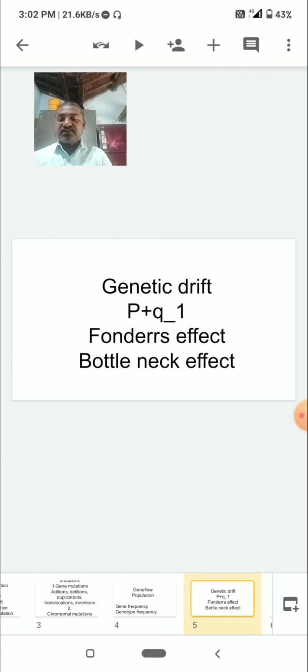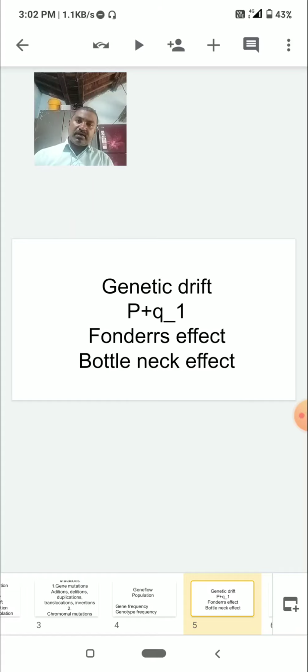Suppose for a gene with two alleles, the frequency of a particular allele is 1%, that is q equal to 0.01. The probability of losing that allele by chance from a small population is higher.